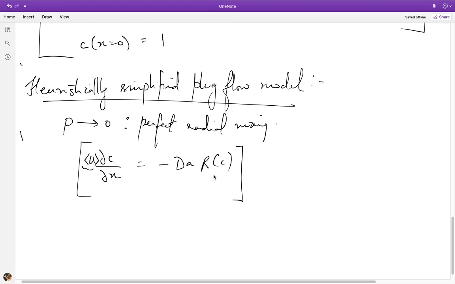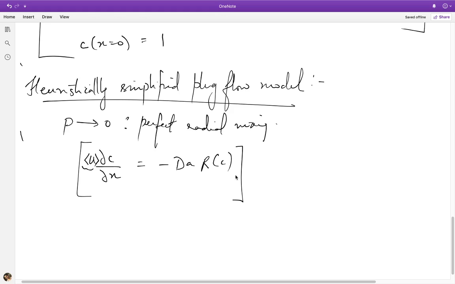Another way of seeing this model is through the method of averaging again, which I will apply now. When we apply the method of averaging, as you recall from the previous lecture, we're going to average out the original equation, where the average of U will appear naturally in the convection term. Along the way, we will see how we can obtain the plug flow model either in the limit of P being 0, or more importantly, even if P is non-zero, you still get back the plug flow model if you have a plug velocity profile.